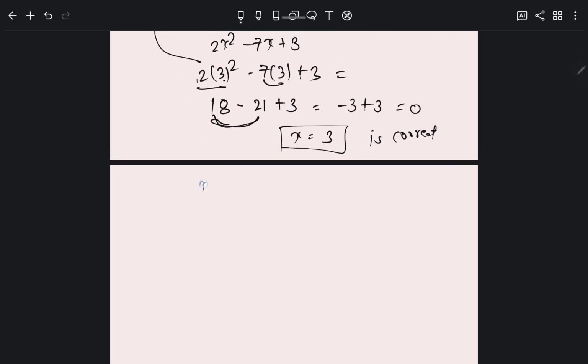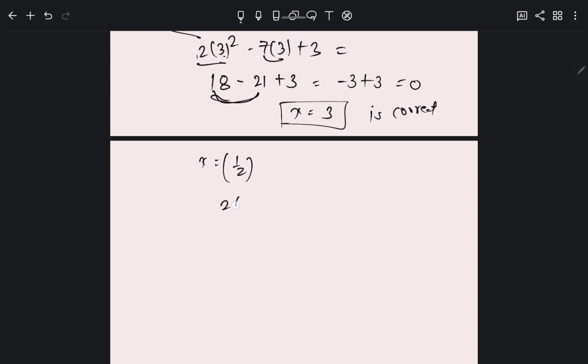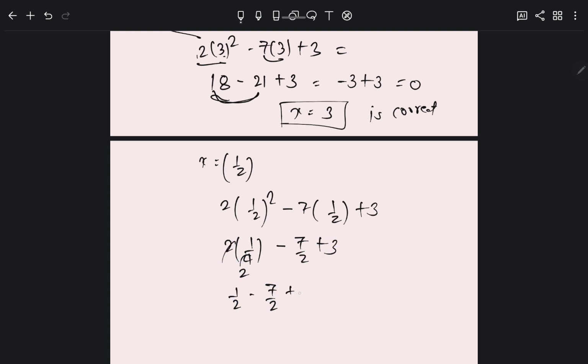Similarly, you have to put x equals 1 by 2 for checking it. Okay? So 2, 1 by 4 minus 7 by 2 plus 3. Now it becomes 1 by 2 minus 7 by 2 plus 3.